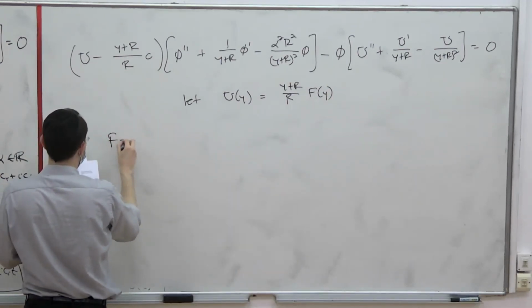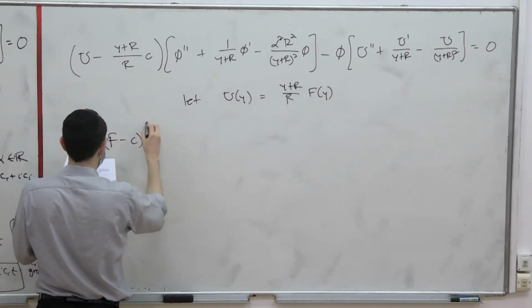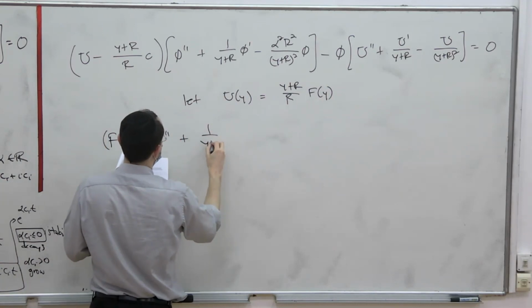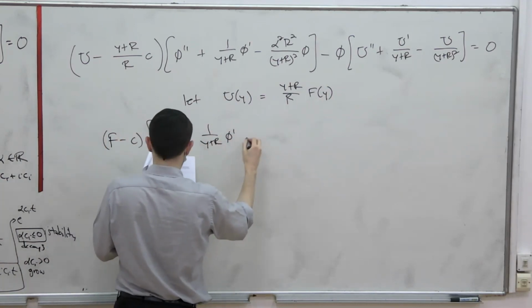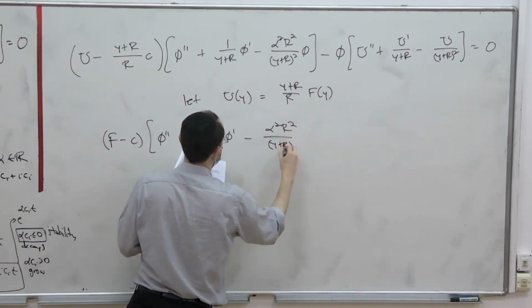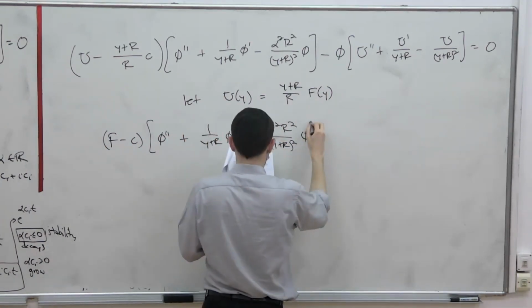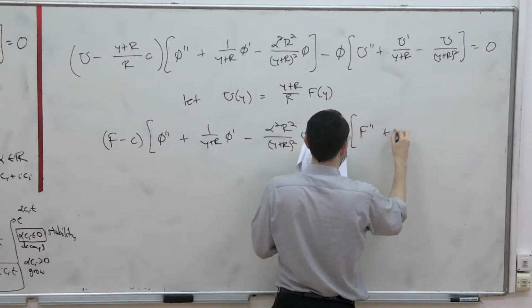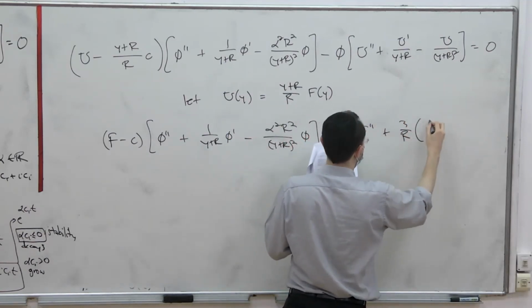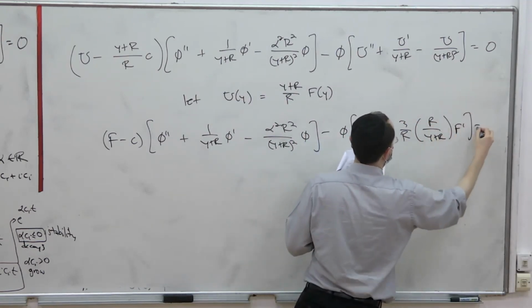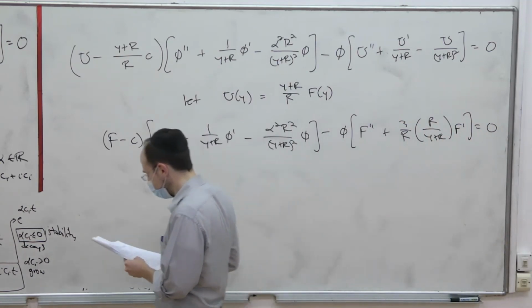So once you do that, we end up getting f minus c times phi double prime, plus 1 over y plus r phi prime, minus alpha squared r squared over y plus r squared phi, minus phi times f double prime, plus 3 over r over y plus r f prime, equals 0.